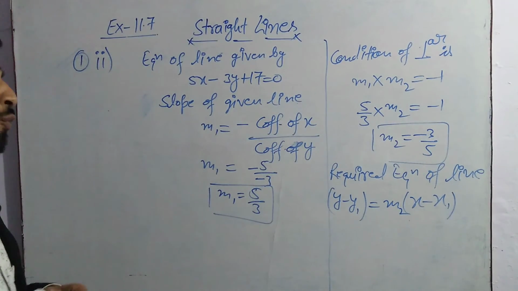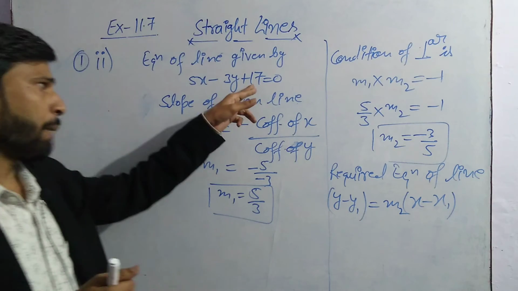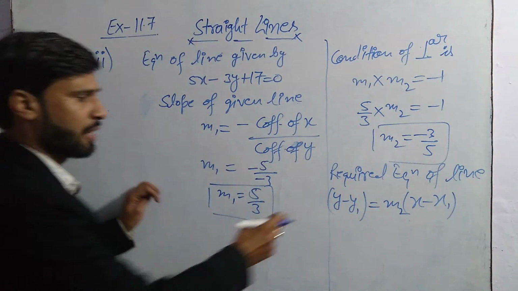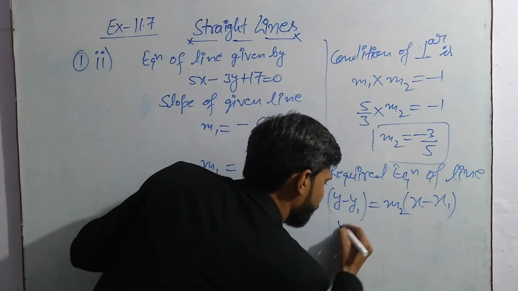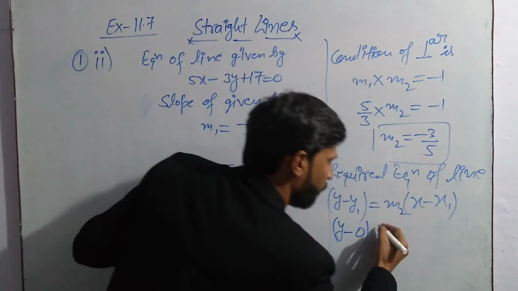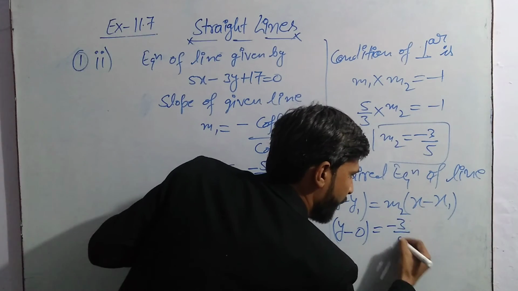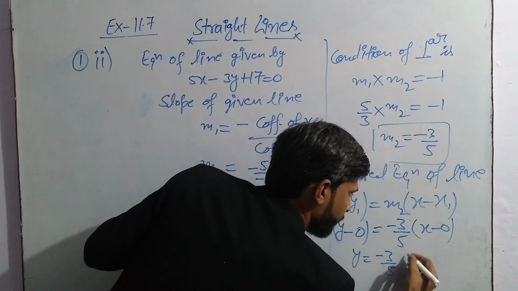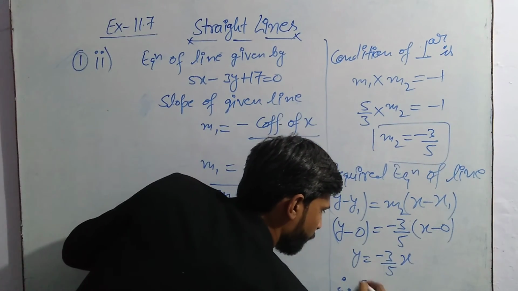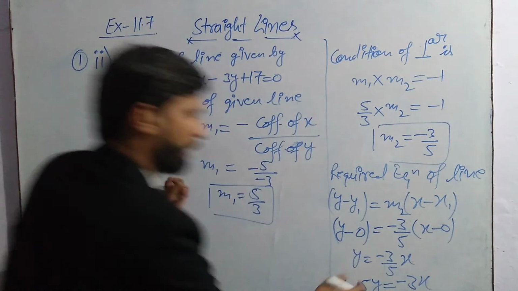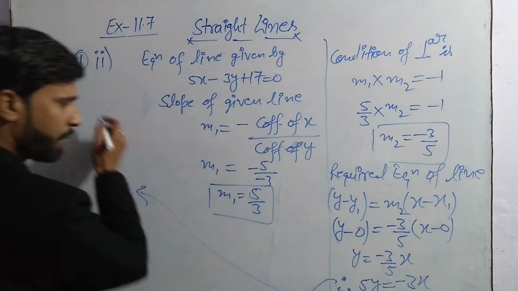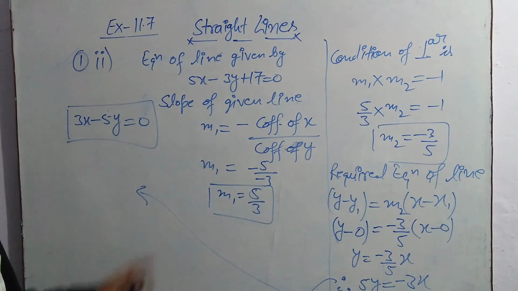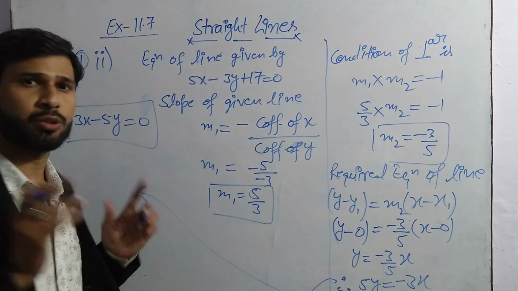Here m is m2, because we are finding the equation of the line perpendicular to the given line and passing through the origin. The coordinates of the origin are x1, y1 is equal to 0, 0. Putting the values, y minus 0 is equal to minus 3 by 5 into x minus 0. Now y is equal to minus 3 upon 5 x. The final answer is 5y is equal to minus 3x, which may be written as 3x minus 5y is equal to 0. This is the required equation of the line which is perpendicular to the given line and passes through the origin.